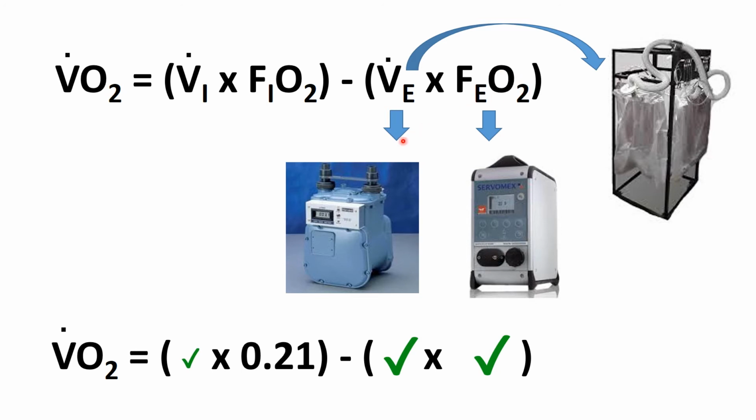The next part is, where do you get your volume from? Once you've got your fractions of gases, the next thing you do is use this vacuum type of machine, or it's attached to a vacuum, I should say. This is a dry gas meter. You'll remember that you attach your expired air sample, the E, to this dry gas meter.